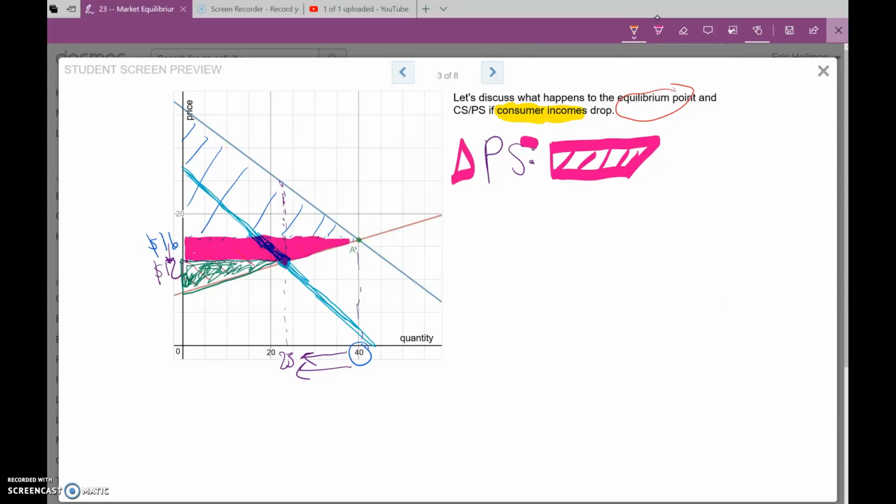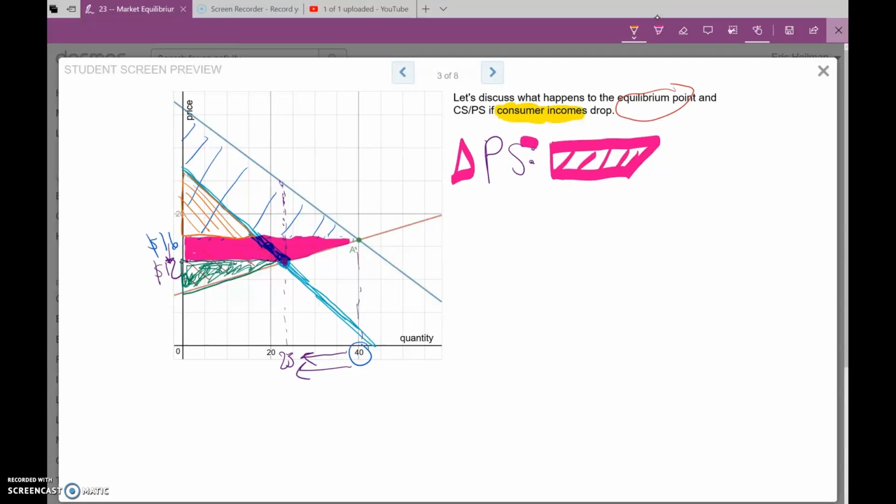The new consumer surplus is this smaller triangle right here. It is also negative. A drop in income for consumers is bad. The change in consumer surplus is the difference between these two areas.